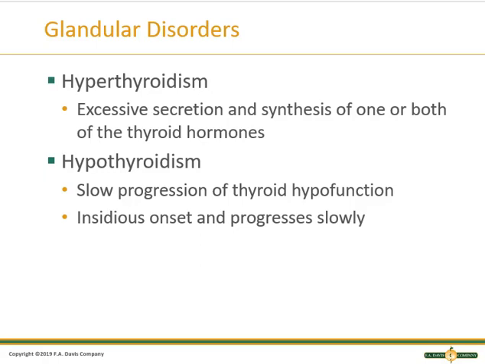For hyperthyroidism, your initial screening tests are going to include a TSH and also assessing for T3 and T4. In most cases of hyperthyroidism, the TSH level may be less than 0.35, and you'll see that with an elevated T4 level.